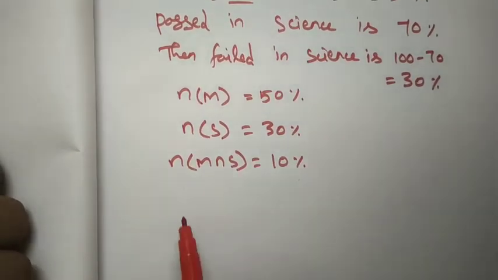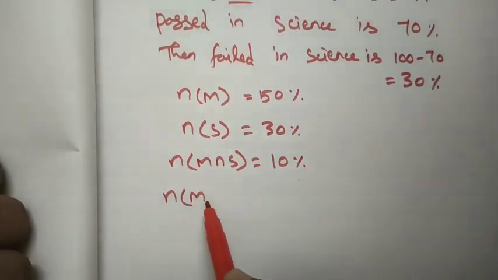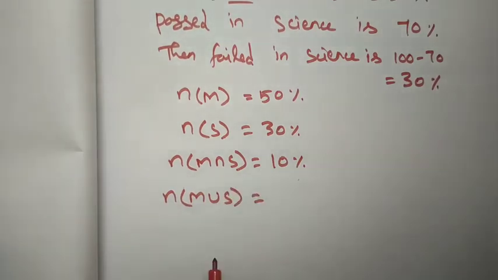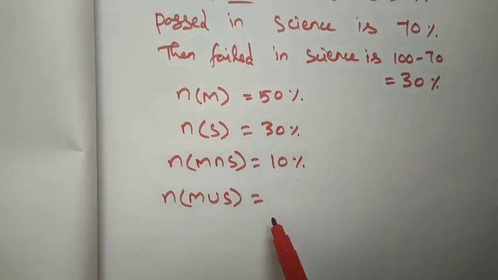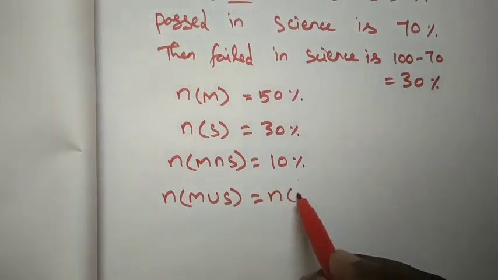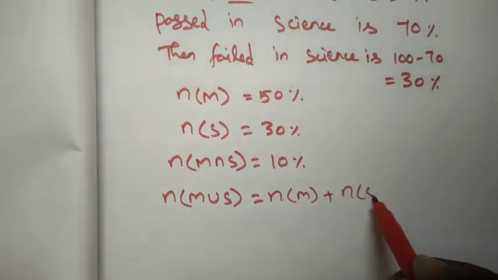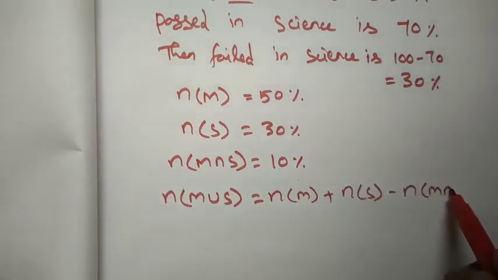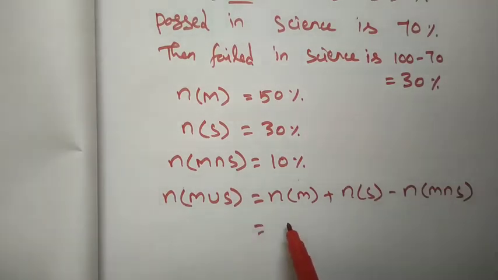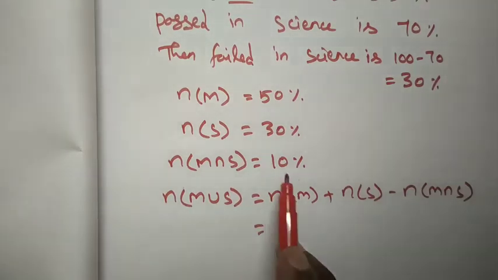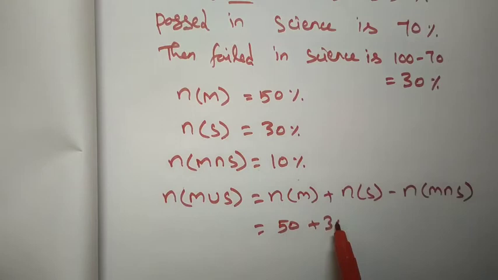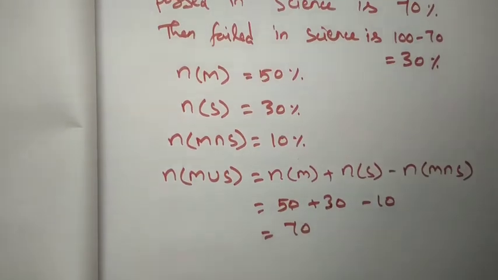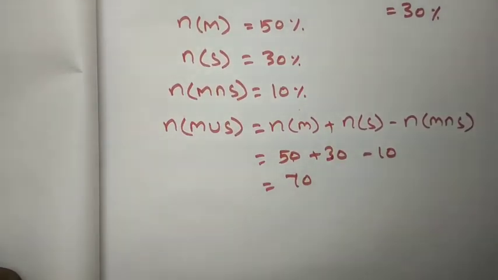We want to find out n of M union S, that is the total number of students, right? So n of M plus n of S minus n of M intersection S. So 50 plus 30 minus 10 is equal to 80 minus 10 is equal to 70% failed percentage all together, right?